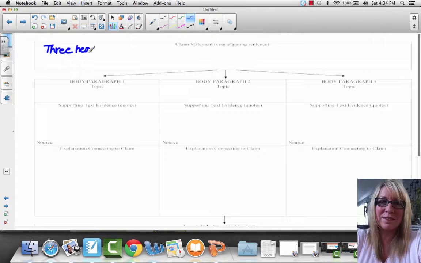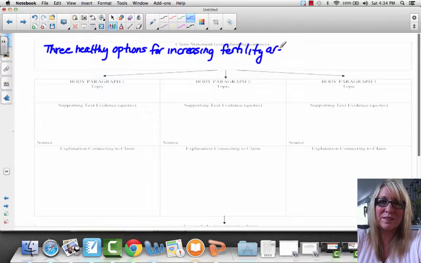Three healthy options for increasing fertility are, I'm going to put 1 just to show you as a guide, acupuncture, and then you're going to pick whatever other 2 that you wanted to do, because there were other options, and I don't want to hold anyone down to doing specific ones.